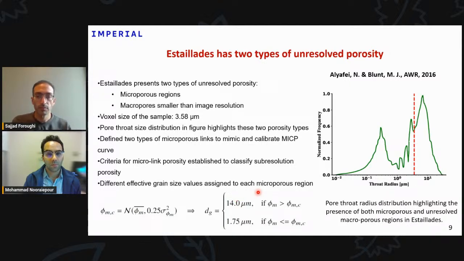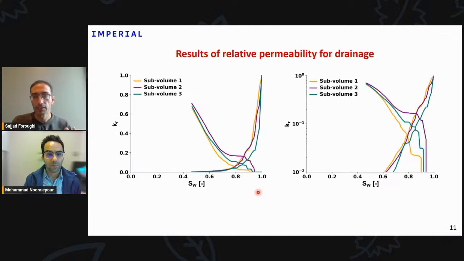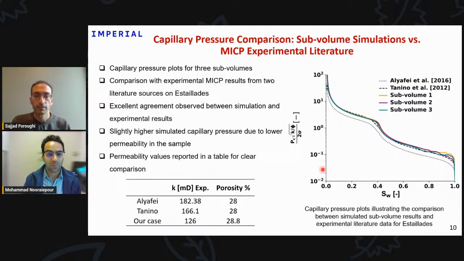But to be able to match the capillary pressure here, we define a smooth transition. It means we don't use a specific criterion to define those micro-links. We use a normal distribution to find a critical value to classify these micro-links.